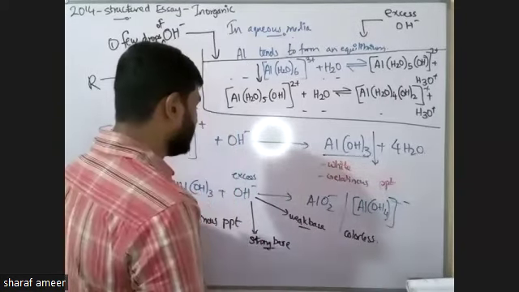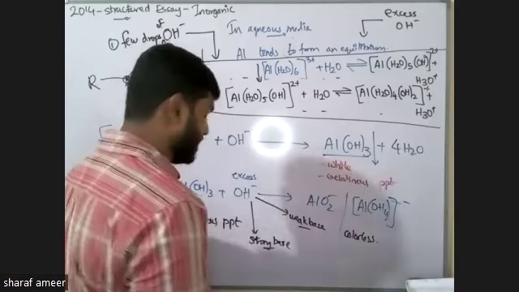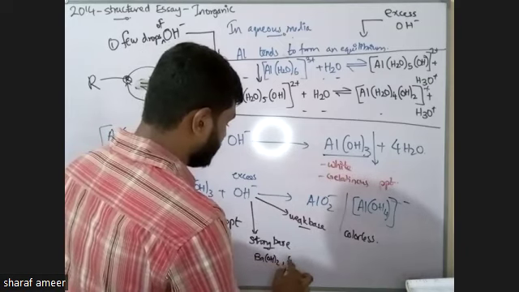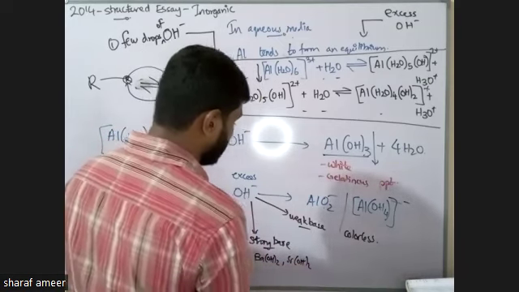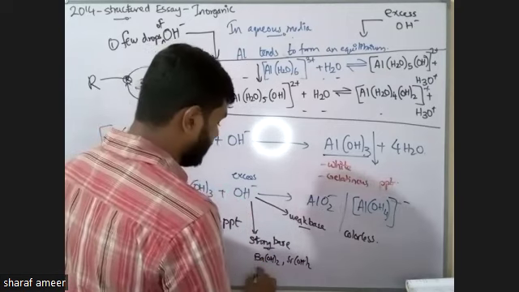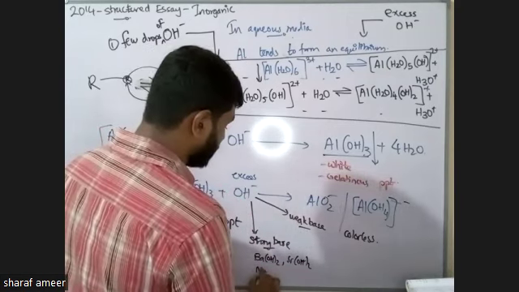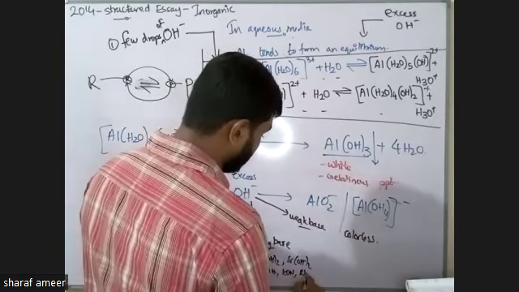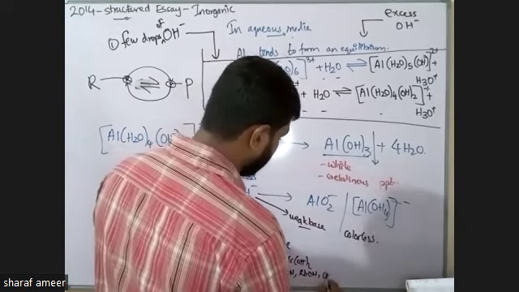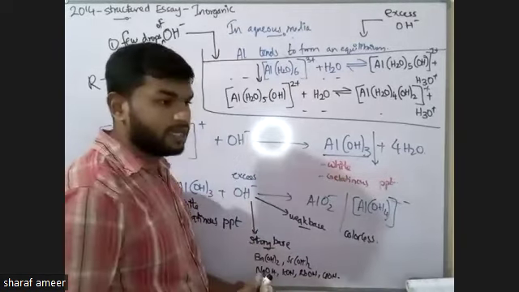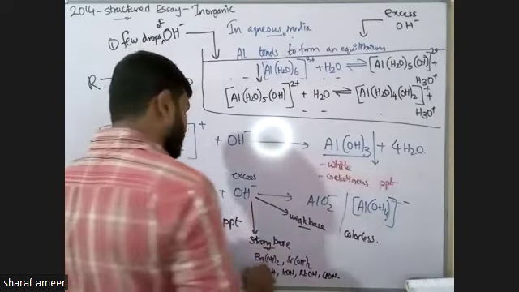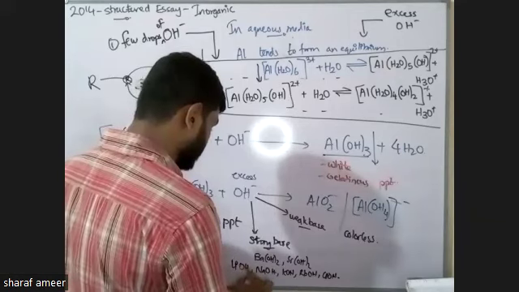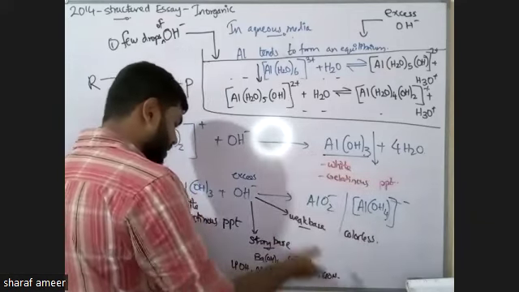In strong bases, we have the first group and second group hydroxides: barium hydroxide and strontium hydroxide, and then sodium hydroxide, potassium hydroxide, rubidium hydroxide, cesium hydroxide. All of these are strong bases. Lithium hydroxide can also be considered a strong base. So all these 6 are strong bases.